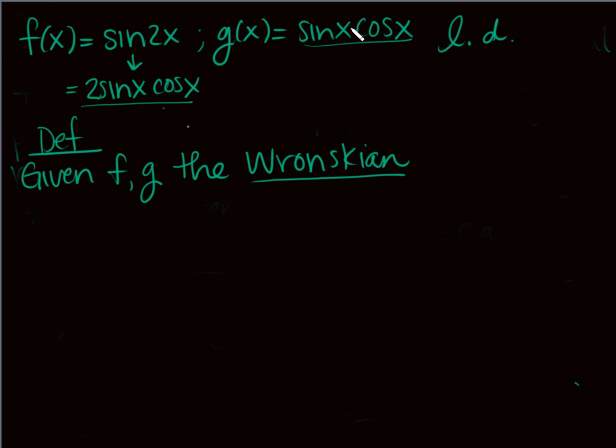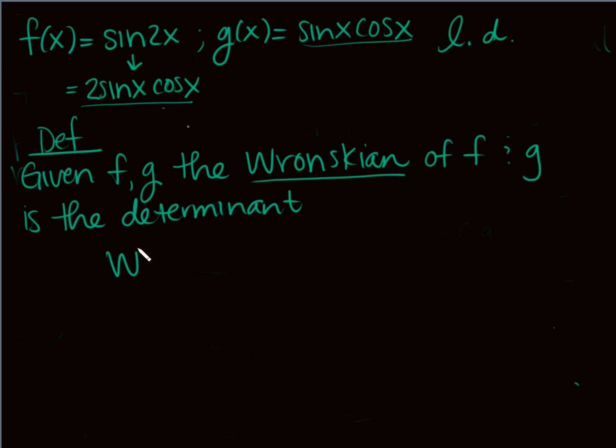So the Wronskian of f and g is the determinant as follows. We're going to have f, g here, and f primed, g primed here. Okay, so this is called the Wronskian.